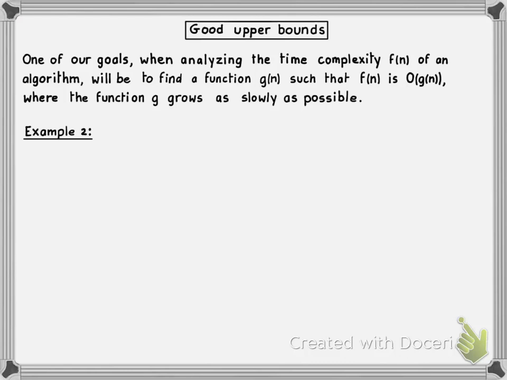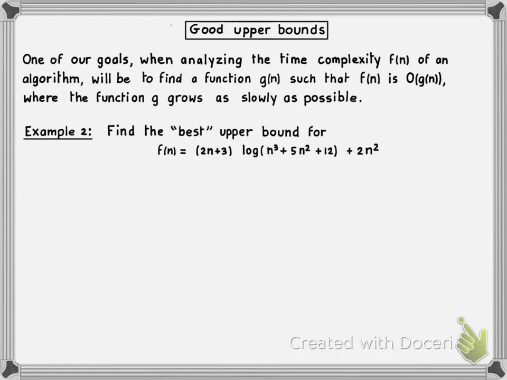So in the second example, the function f of n is defined as follows. Again, it's the addition of two functions, the first one of which is a product, and the second one of which is this polynomial of degree 2. So as in the previous example, we're going to consider the components of the function f of n one by one from left to right.